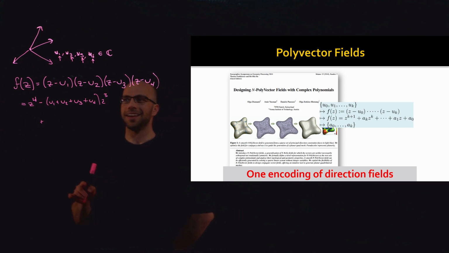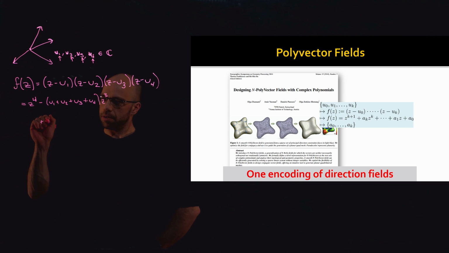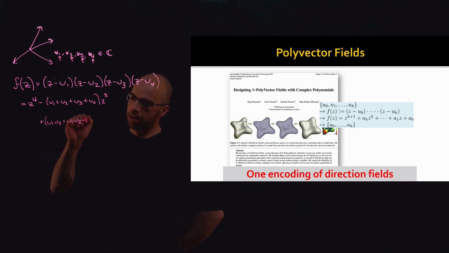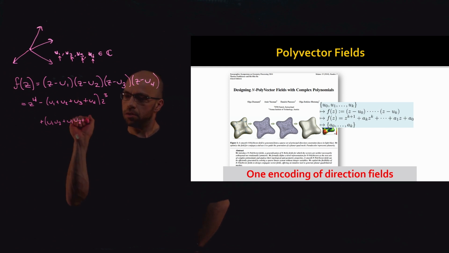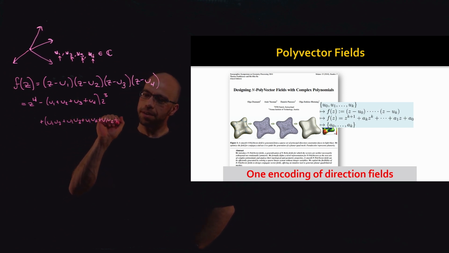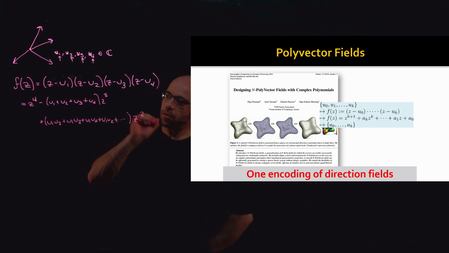It's going to be u1 u2 plus u1 u3 plus u1 u4 plus, and so on, times z squared.